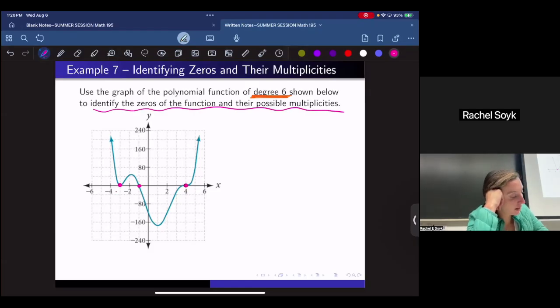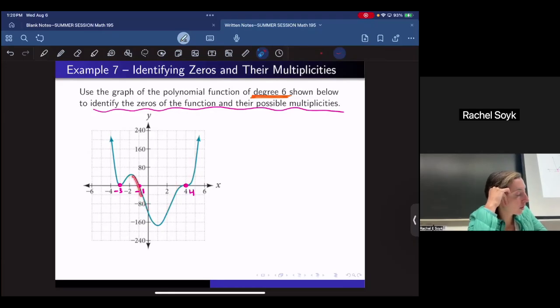And so we have -3, it's bouncing off. We have at -1, it shoots straight through. And then we have at 4, it also shoots straight through, but the direction is changed. So this sort of looks like an odd degree, whereas this one just goes straight through.